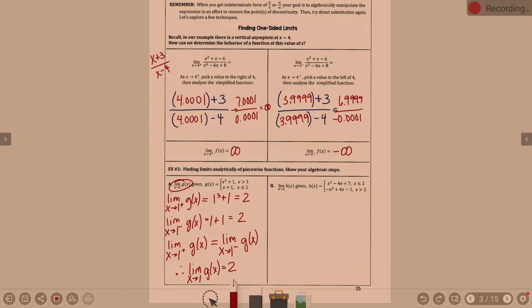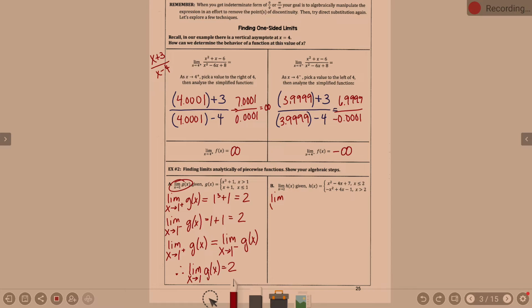Limit as x approaches 2 of h of x. Well, it's a piecewise function. Not a coincidence. It's as x approaches 2, and where's my piecewise function divided at? 2. That's not a coincidence, right? So, try both limits.